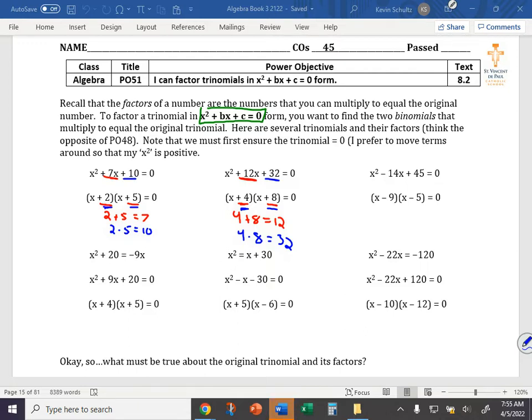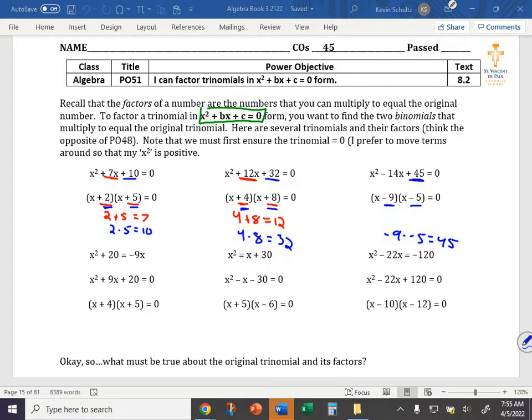Let's do the third one. Does it work here though? Yes, because two negatives make a positive. So when we go to our multiplication, negative 9 times negative 5 does give us positive 45, which is what we have in the original trinomial.